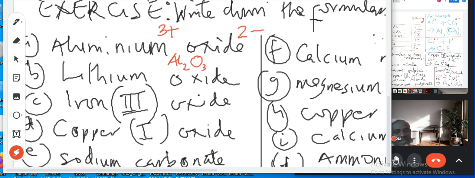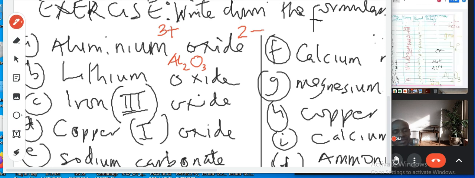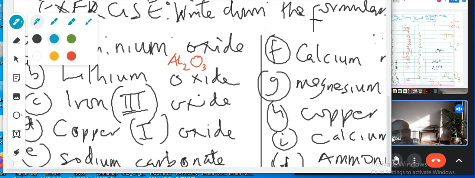All right, let's go to lithium oxide. If you check your periodic table, lithium has a valency of 1 plus because lithium is in group 1. I'll use a blue pen to write the valencies and this one to write the answers.